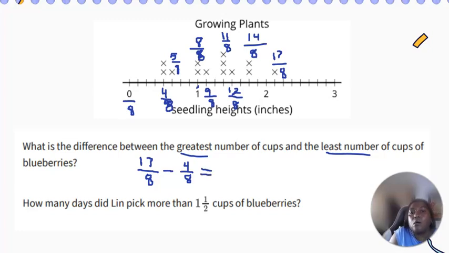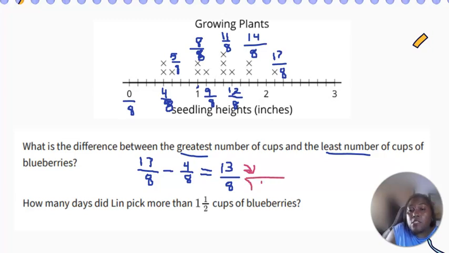Now again, we are going to subtract. Just go ahead and do 7 minus 4. That equals 3. And we still have a 10. So that would be 13/8. And if we want, we can go ahead and convert that into a mixed number. But just know that you might see it as an answer of 13/8 on the test or a mixed number.